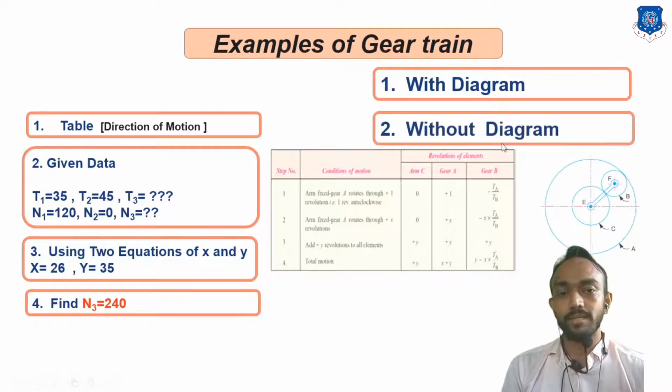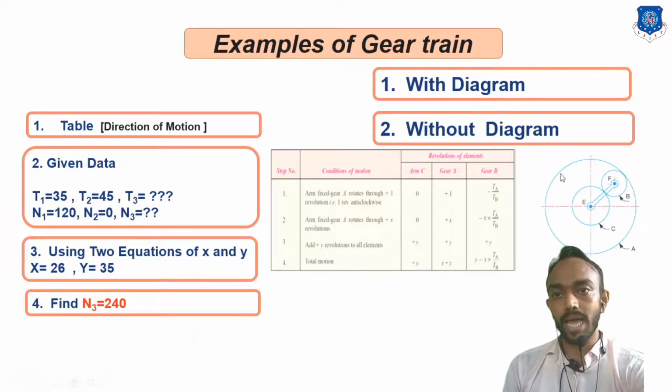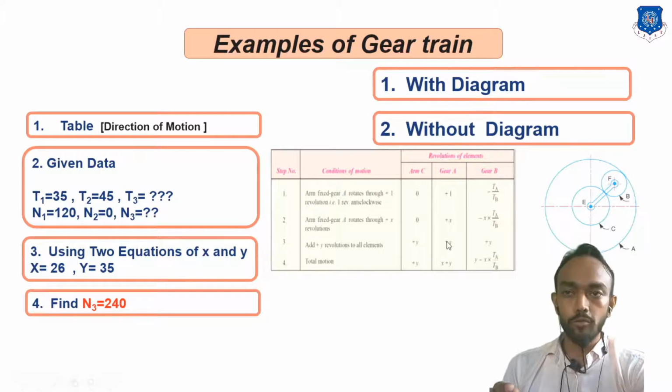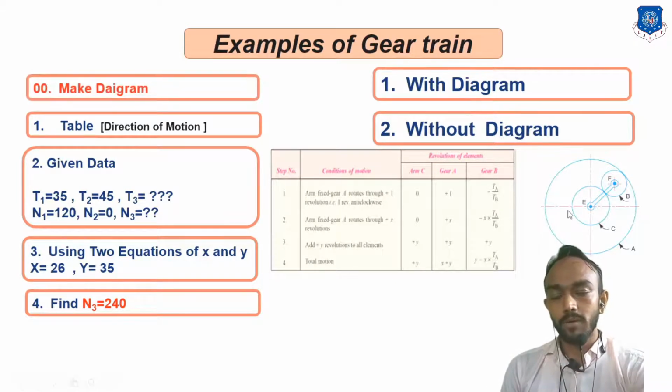In that there is a "without diagram" example, and you can't start with the table, because when the diagram is given you start with the table. But when the example is without diagram, first of all you have to make the diagram, which is very complex.